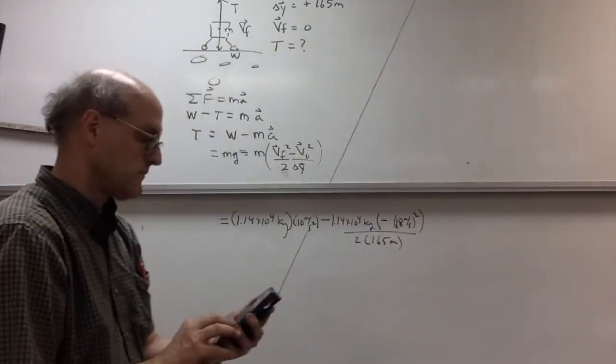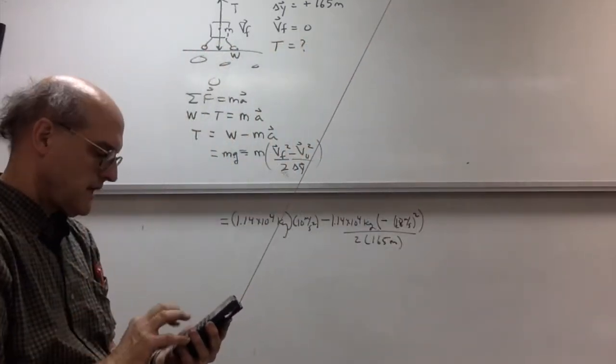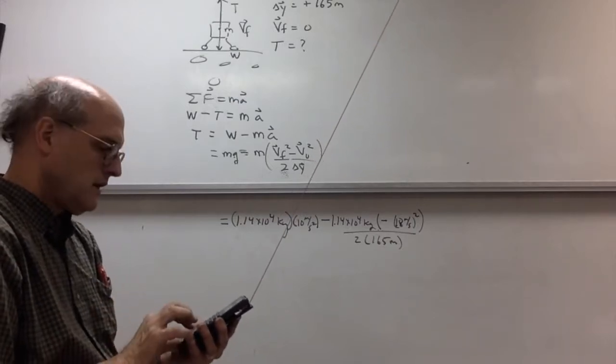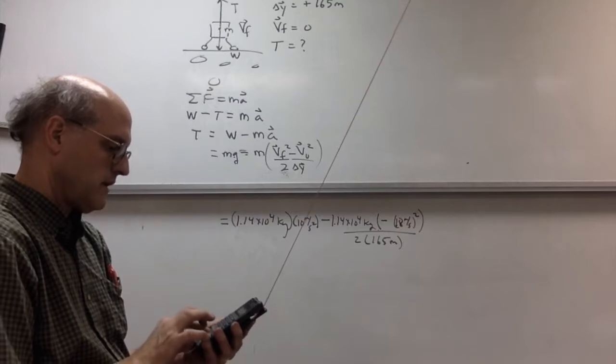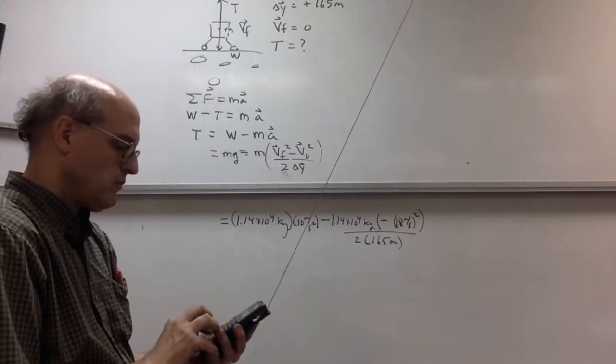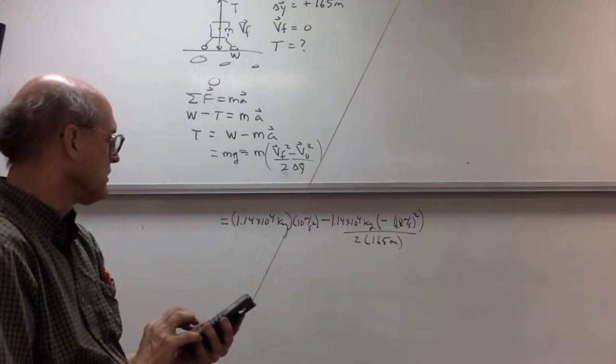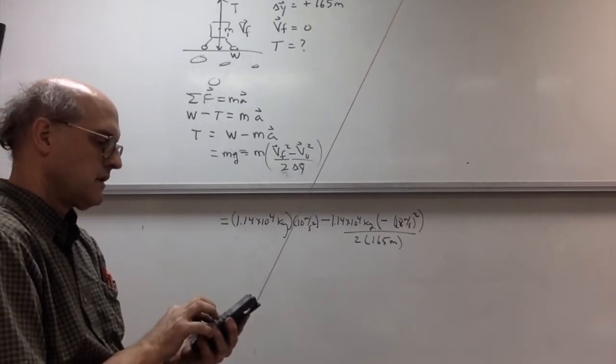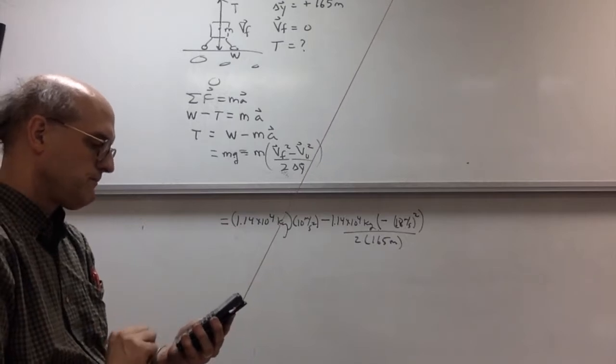Let's see what it is. So I'm going to take 18 squared. That's negative. I'm going to divide that by 2, divide it by 165. I'm going to multiply that by 1.14 times 10 to the fourth kilograms, and that's a negative value.